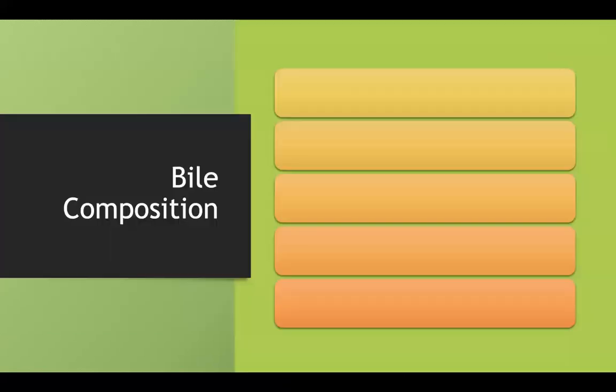So what's bile made of? It's important to recognize that bile is made of a few things, mostly water. It's about 95% water. And then you're going to find bile salts. So the water, the electrolytes, and the bile salts will help keep it more diluted and less concentrated. And that'll be important to prevent things like gallstones forming.